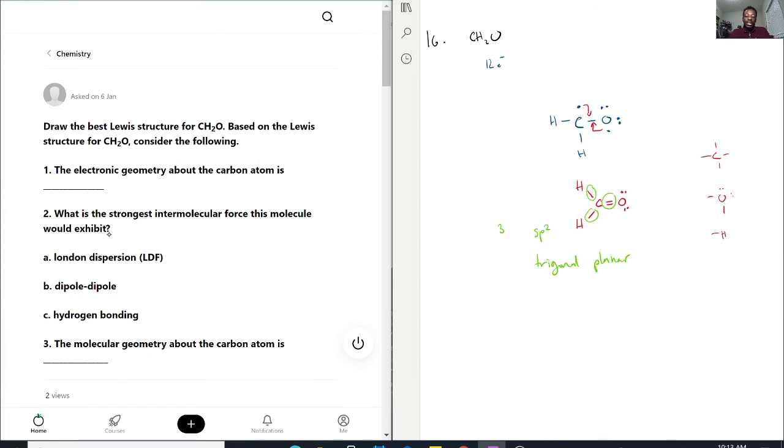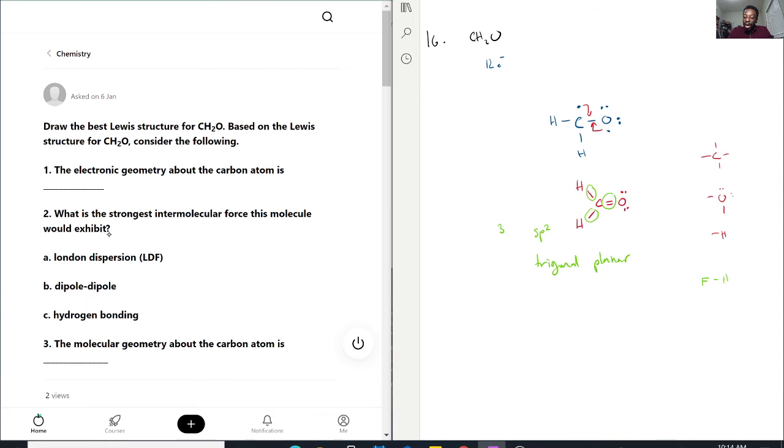What will be the strongest intermolecular force in this molecule? Let's look at these, okay? Everything has London dispersion force, so that's technically not incorrect, but I'm sure we can get stronger than that. We have dipole-dipole and hydrogen bonding. The reason why I skipped dipole-dipole is because hydrogen bonding is a little bit easier to solve. It only occurs when these 3 happen.